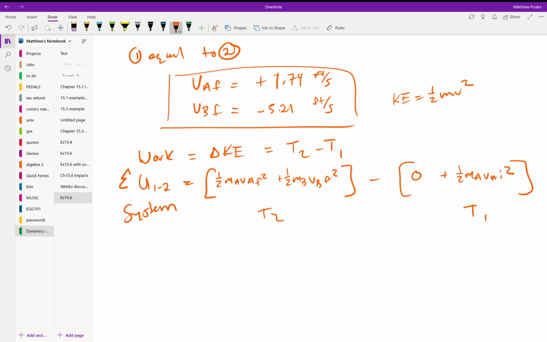Okay, we have all the numbers, we have the velocities, we have the masses, we can figure out the work done for the whole system from 1 to 2, and we get 10.1 foot-pounds. And they're going to give that a negative sign because that energy is lost.